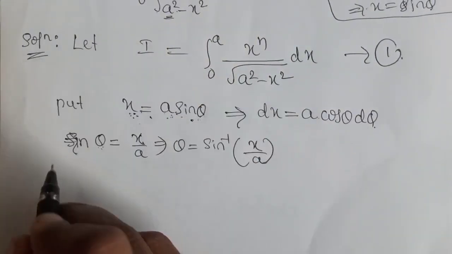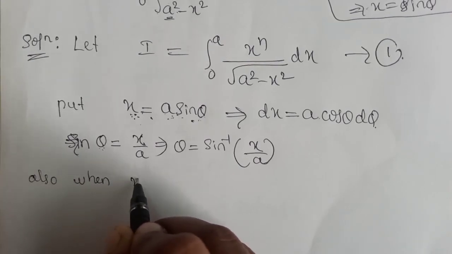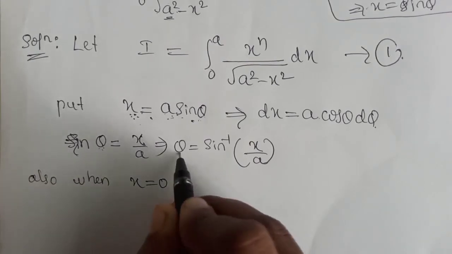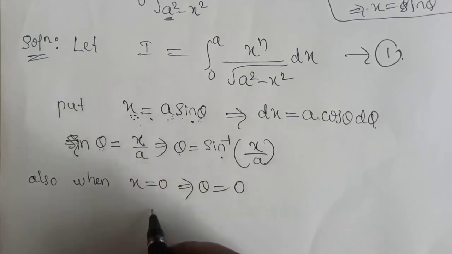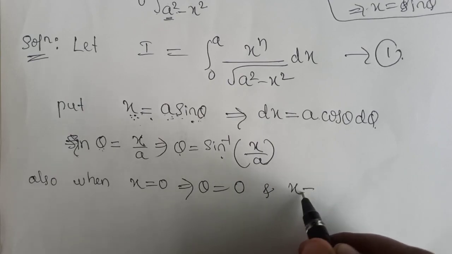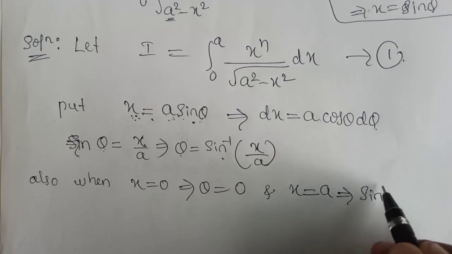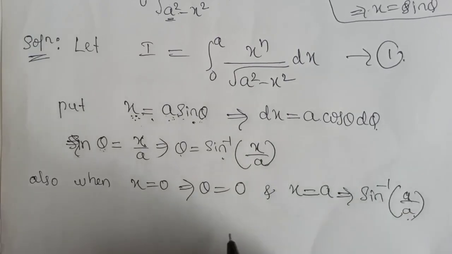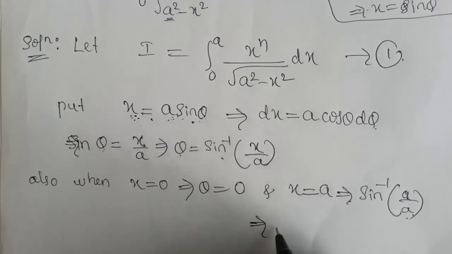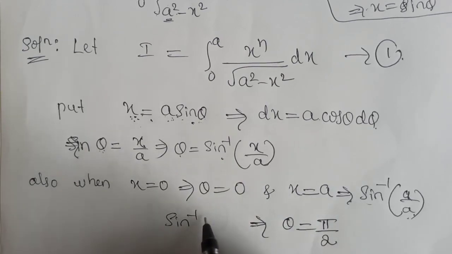When x equals 0, theta becomes sine inverse of 0 equals 0, and when x equals a, we get theta value sine inverse of a by a, which is sine inverse of 1. Therefore theta is equal to pi by 2.